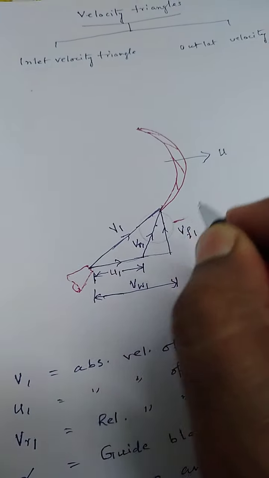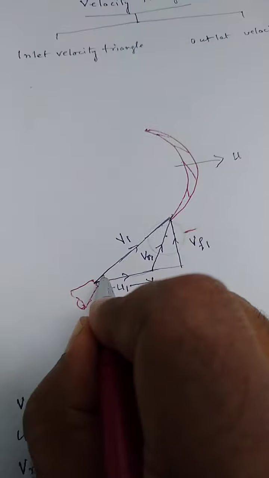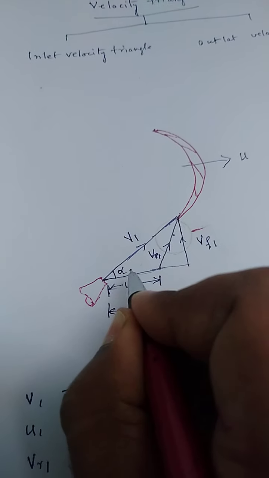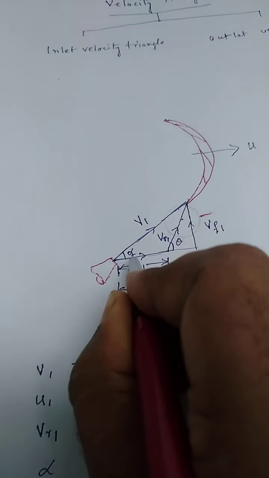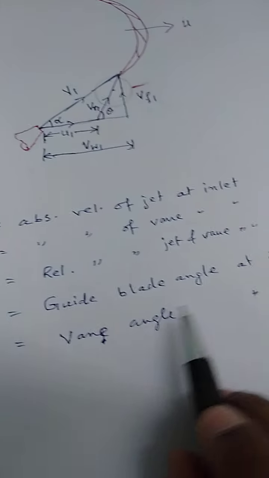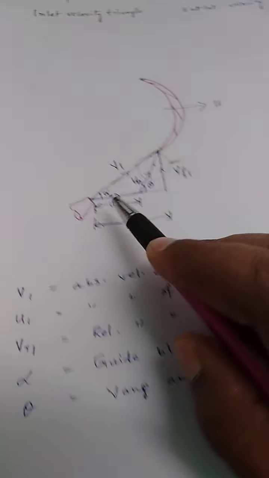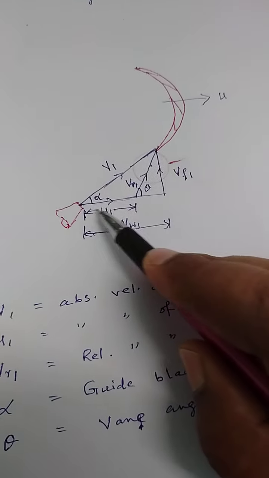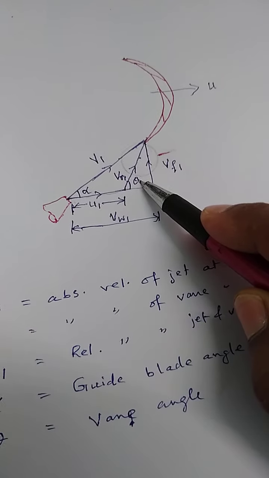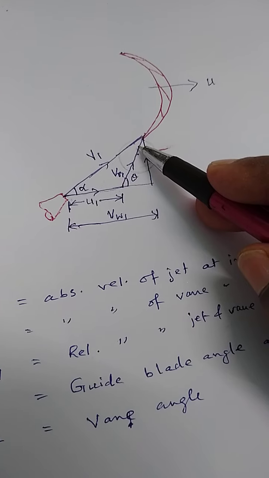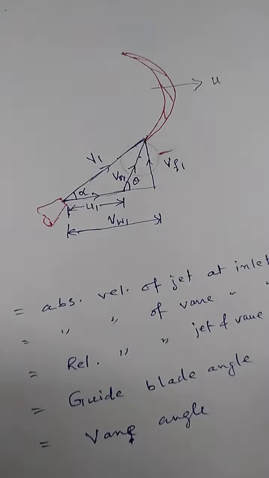This angle we name alpha and this angle theta. Alpha is called the guide blade angle at the inlet and theta is called the vane angle at the inlet. Alpha is between the absolute velocity of the jet and the velocity of the vane, and theta is between the relative velocity of the jet and the vane, that is VW1 or U1.